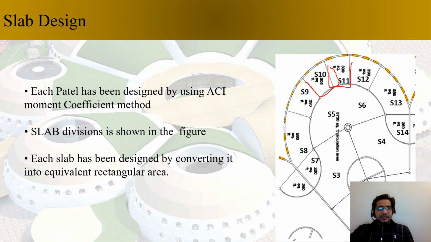As I told you, an equivalent rectangular area was utilized to consider the effect of x and y loadings. So x loading out here, y loading out here, so it's the same concept as any slab design.